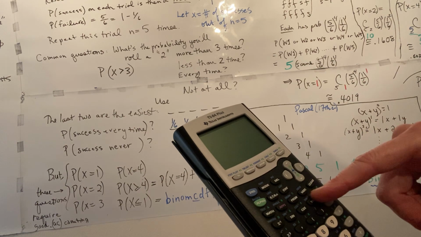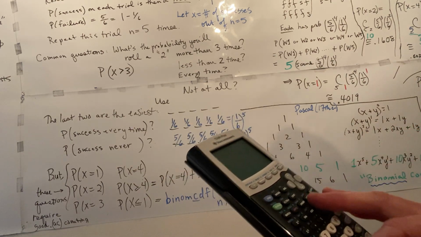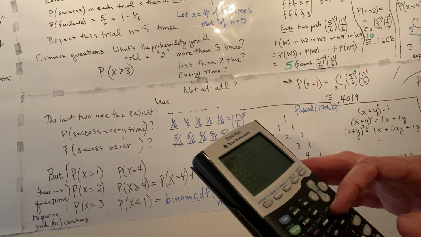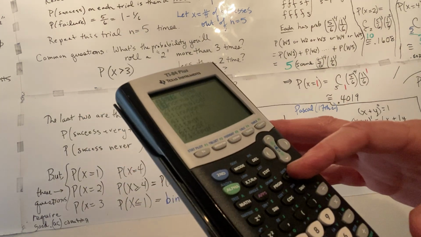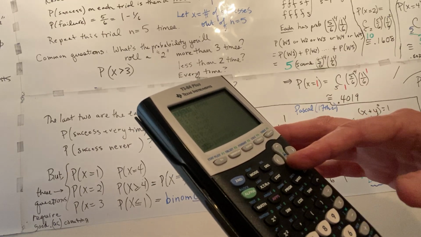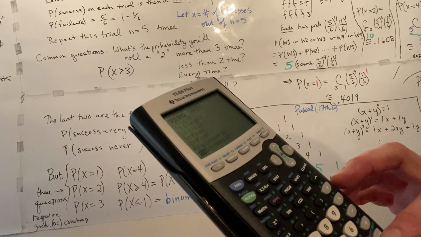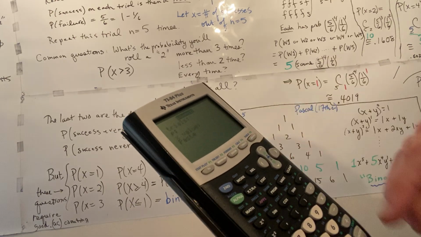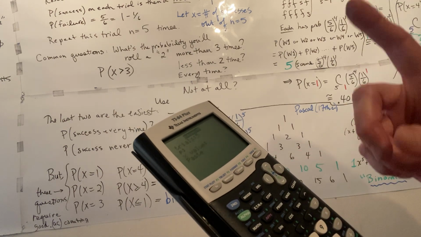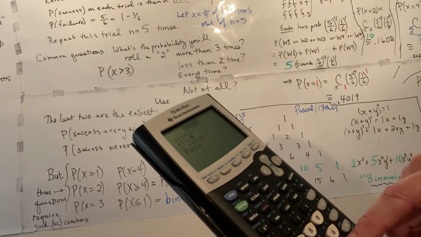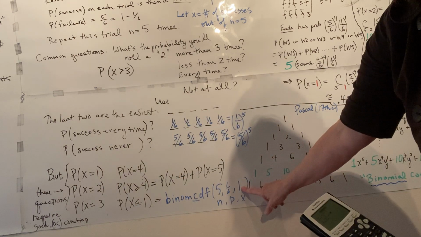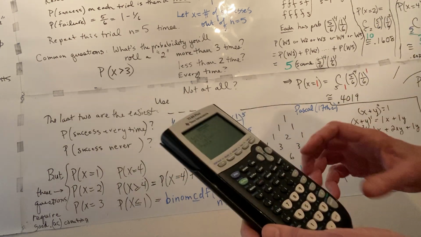So second function, all right, let's get that on. So let's see. So second function, distribution. Go down to binomial CDF, not PDF. Enter that. This more modern one makes it into a menu. So the number of trials was 5. Probability of a success is 1 divided by 6. The x value that I'm putting in here is 1.